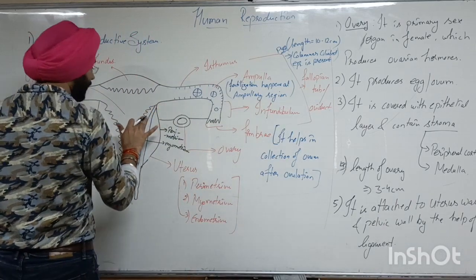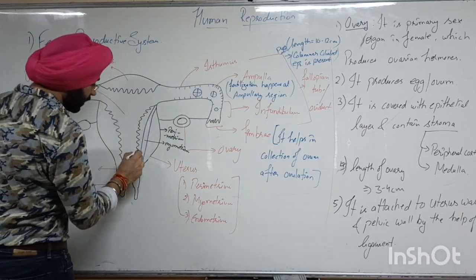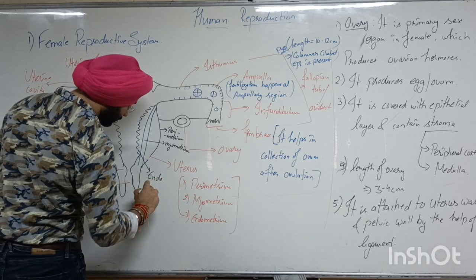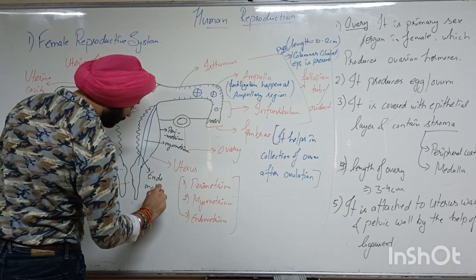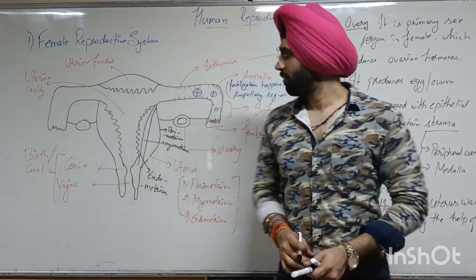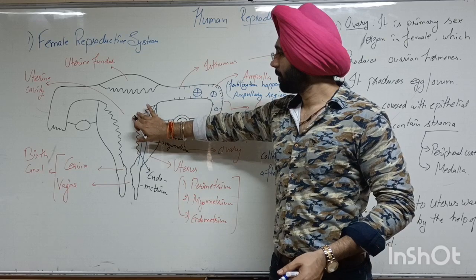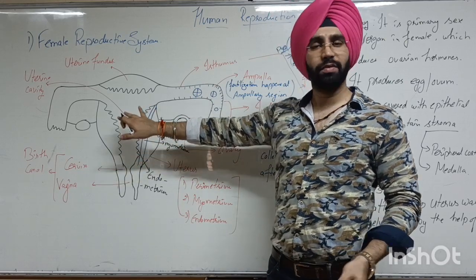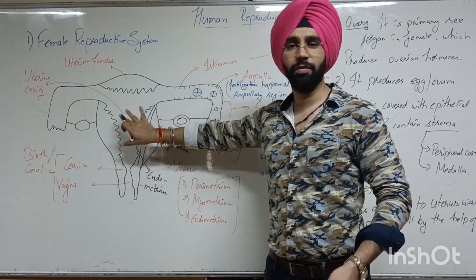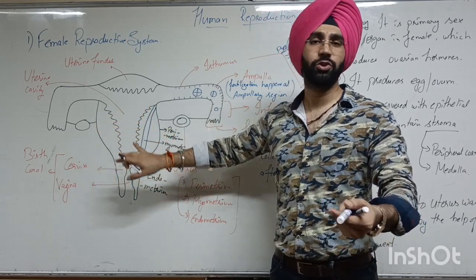And this finger-like projection is known as the endometrium. The endometrium is the layer which gets degenerated and converted into blood, and which is responsible for monthly changes in the menstrual cycle.